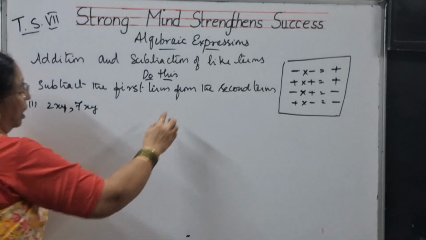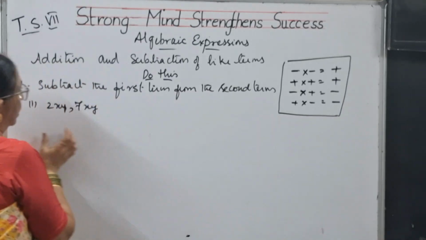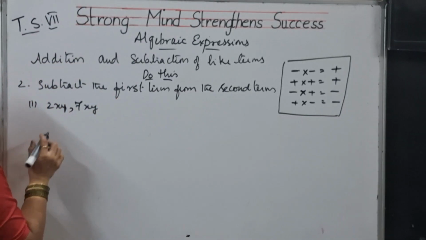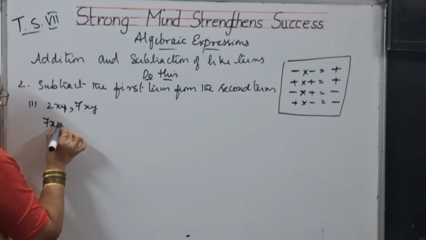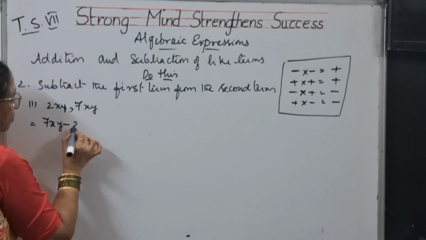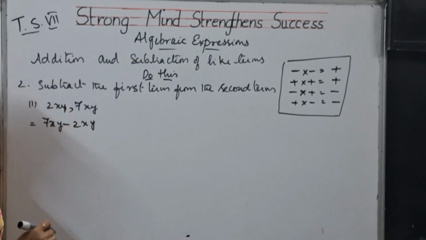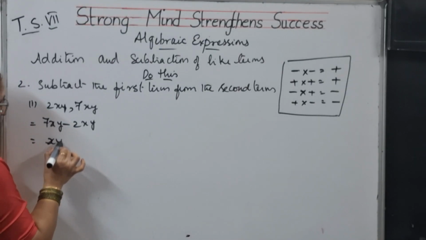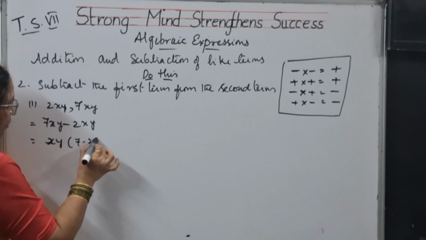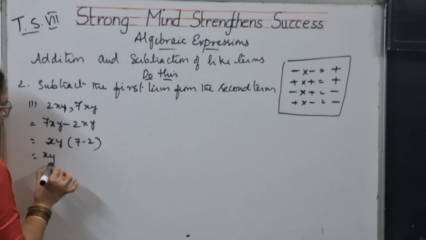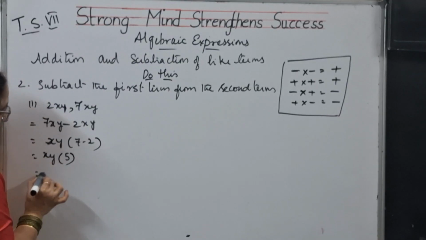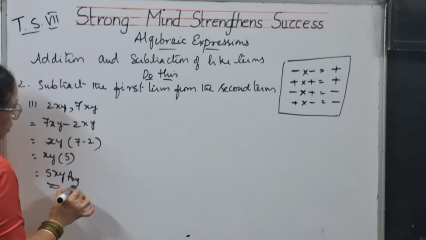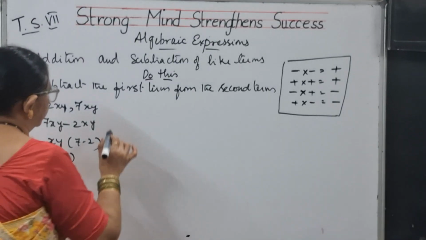It is not that. After from what is there, that you have to write first. Then the next one. So from 7xy, 7xy minus 2xy you have to write. Subtraction means you know that. So in this xy is common. 7 minus 2, that is xy into 5. 5xy is the answer. This is first bit.